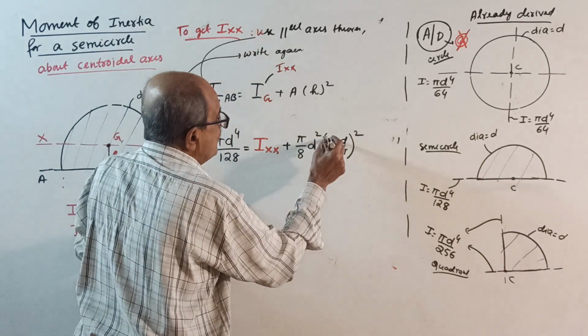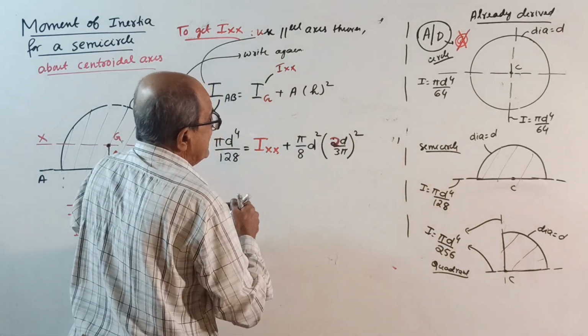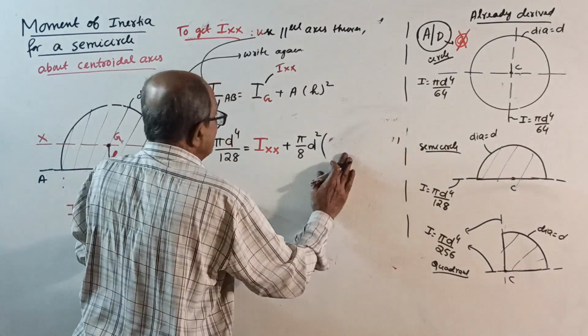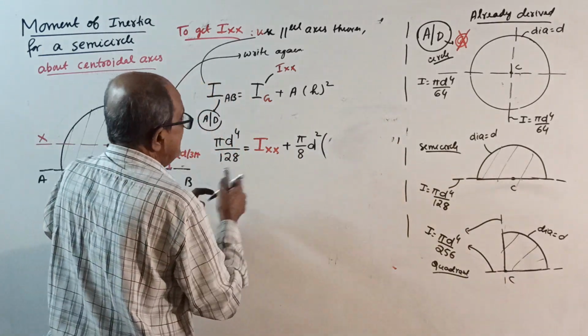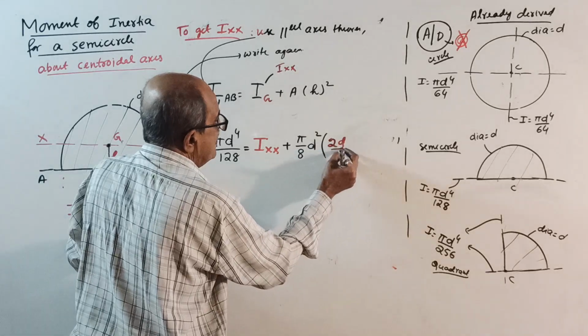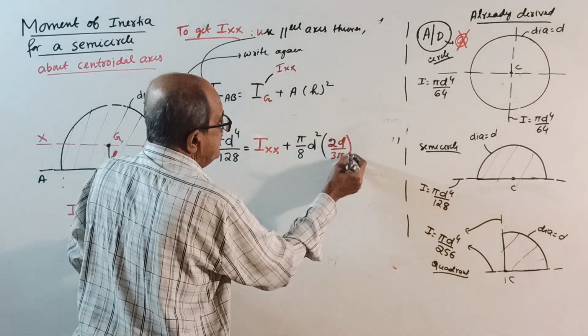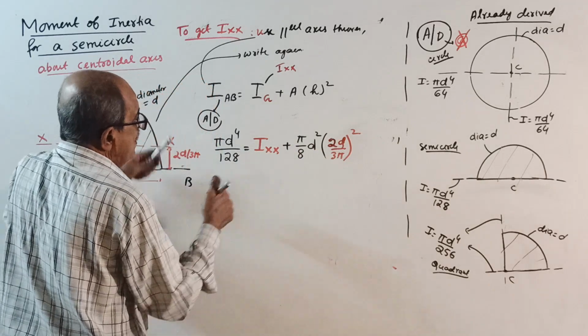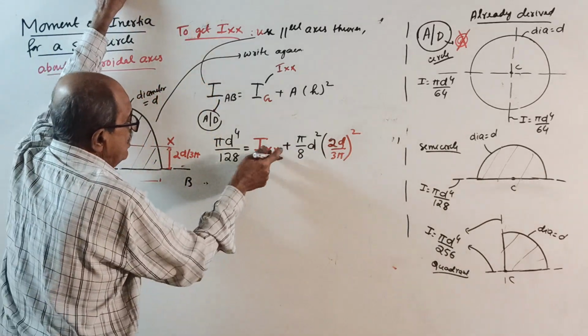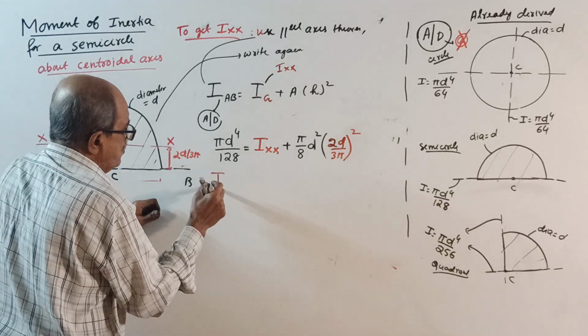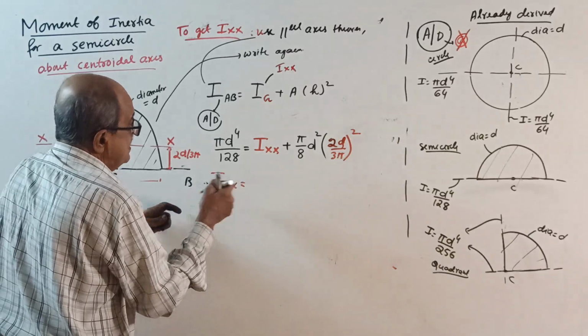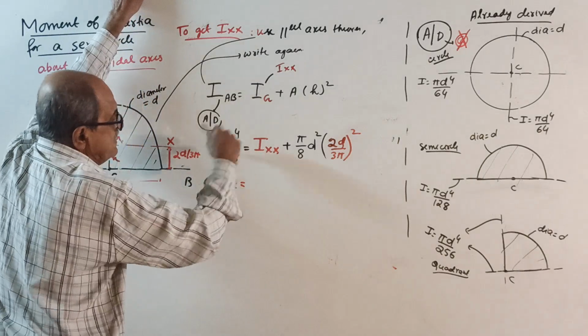Red color is better, so I show that red color is used, see this distance 2d divided by 3 pi whole square. Therefore IXX equals, shift to the other side.